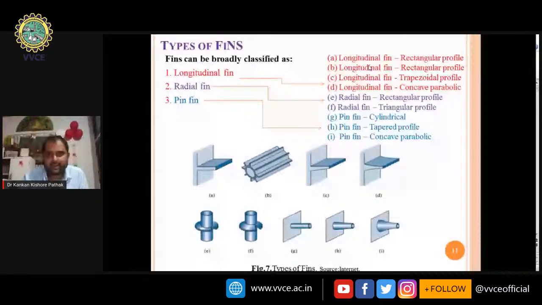Now, longitudinal fin with trapezoidal profile, and longitudinal fin with concave parabolic profile. Similarly, the radial fins are there in E and F. These radial fins are also known as disc fins or annular fins, with rectangular profiles, and a triangular profile is there for this also. And these are the pin fins. Pin fins are generally cylindrical, tapered profile, and concave parabolic type.